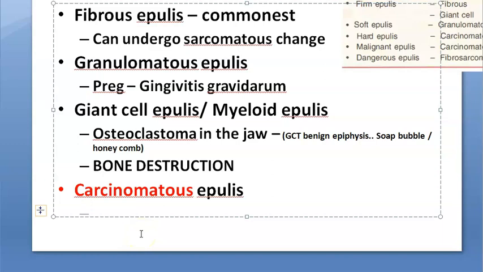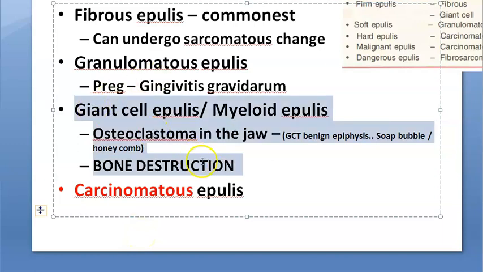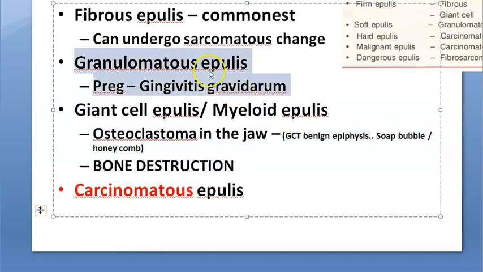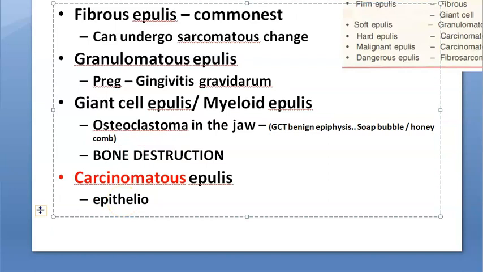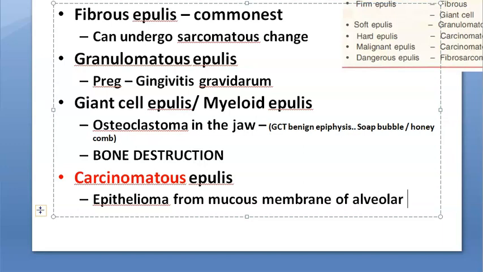It can be bone, it can be some soft granuloma, it can be fibrous, and now they are saying it is an epithelioma from the mucous membrane of the alveolar margin. That is where everything is, the alveolar margin.